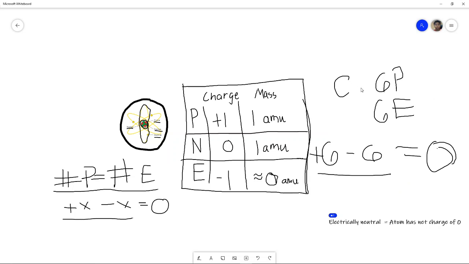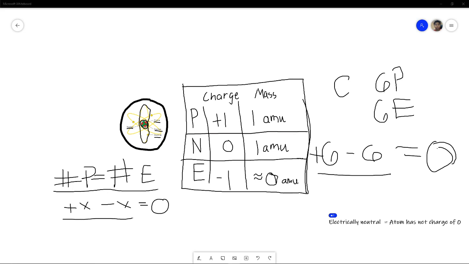The charge of the nucleus of the carbon atom is plus 6, and the summation of the electrons is negative 6. When we combine these charges, we get 0, which shows how atoms are electrically neutral when they're found in their raw form.